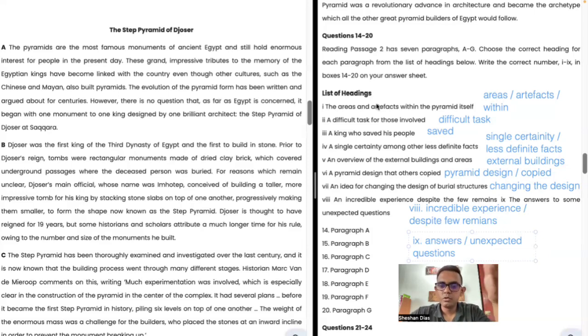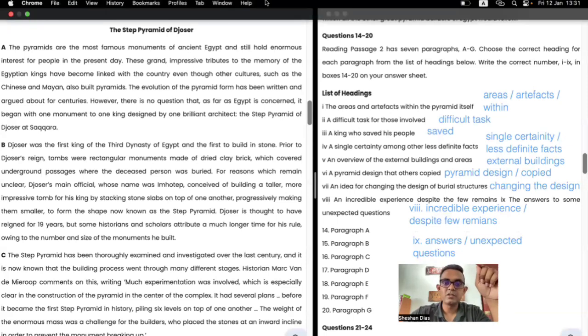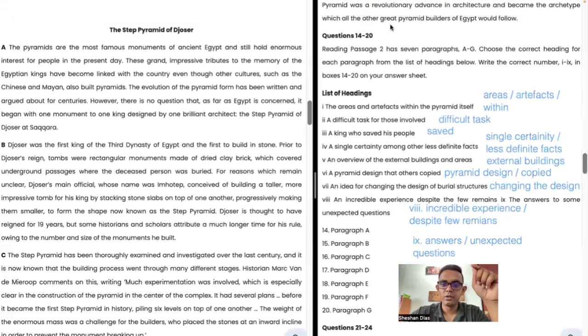Now all we have to do is, we don't necessarily have to read the entire heading and then try to find each one in each paragraph. Instead, what we can very conveniently do is look for the correct keywords inside each paragraph. Now let's go to the paragraph and have a look.